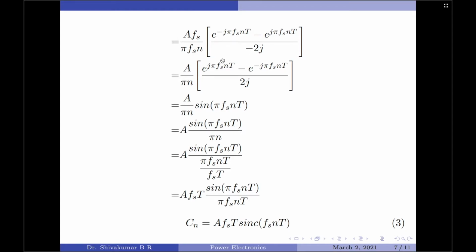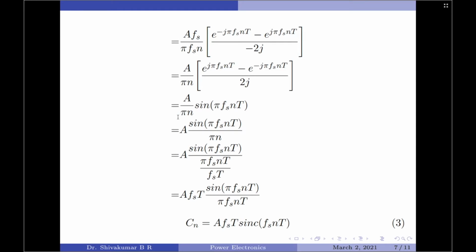So, this term will come here and this term will come here. And we now note that this term is equal to sine of pi fs n capital T. We should also note that we have cancelled out fs in the numerator and denominator here, and therefore, we will be obtaining A divided by pi into n. So, that is retained here multiplied by the simplification of this, which is the sine function.